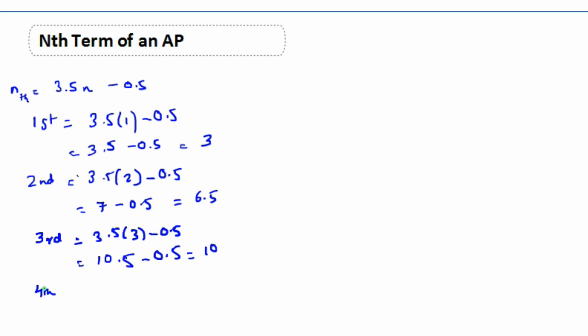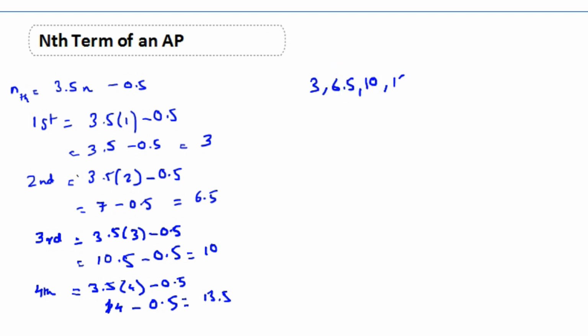The fourth term would be 3.5 times 4 minus 0.5. 3.5 times 4 is 14 minus 0.5, that is 13.5, and so on. So the sequence would be 3, 6.5, 10, 13.5, and so on. That will be the sequence.